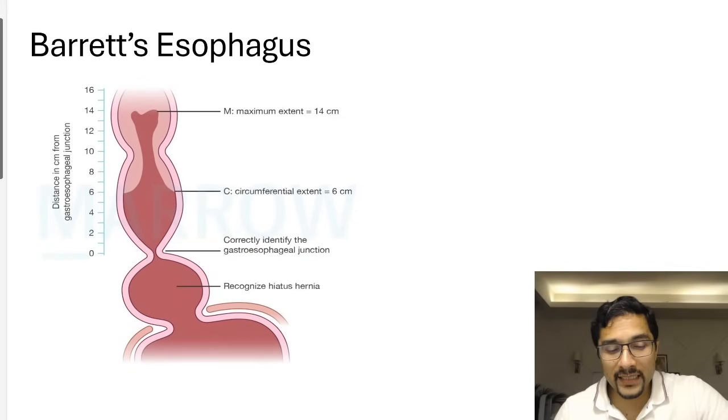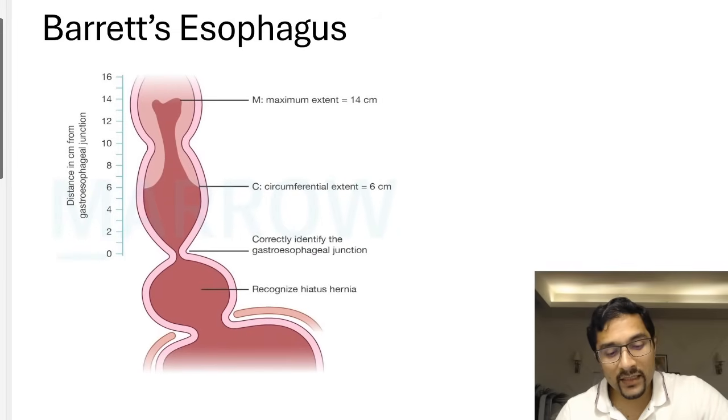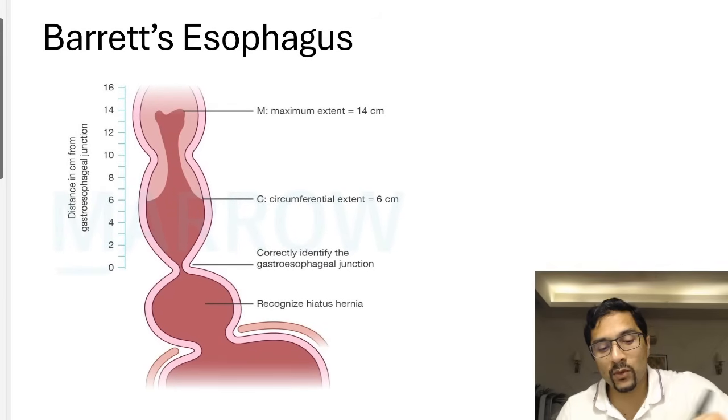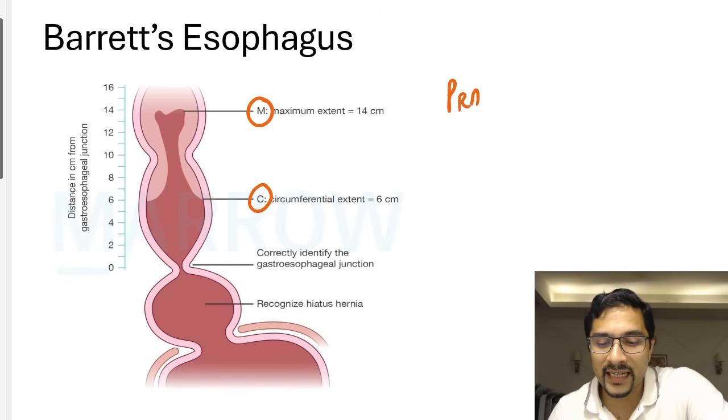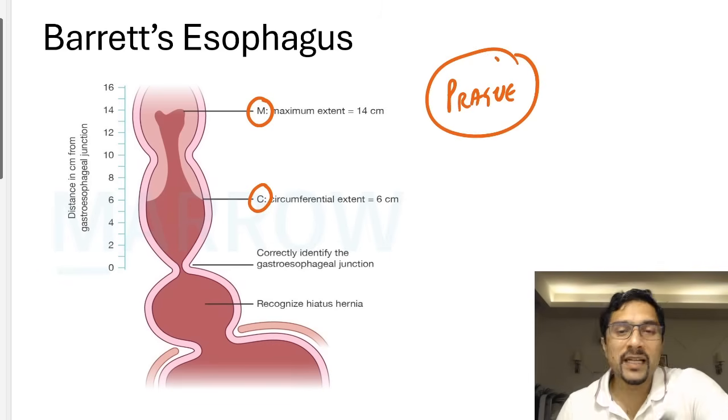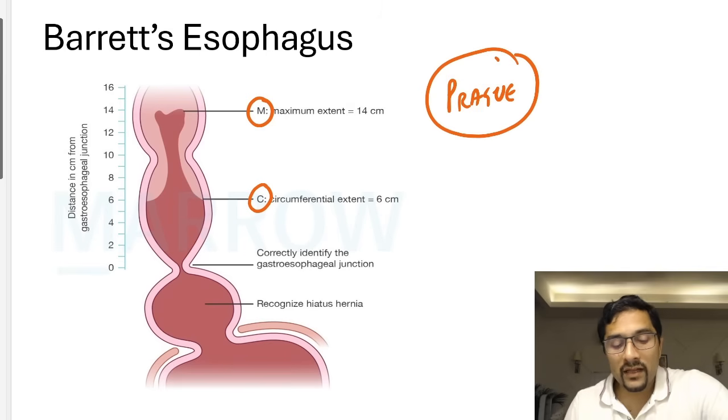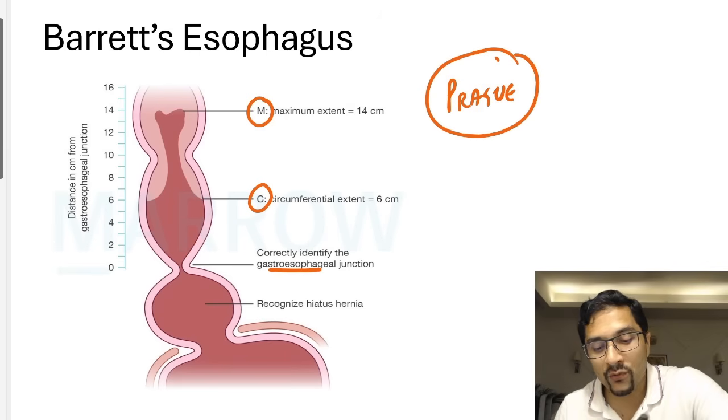Now, for Barrett's esophagus there is another classification which is known as the Prague C and M classification. This has been updated in Bailey, where we measure all the distances from the GE junction.